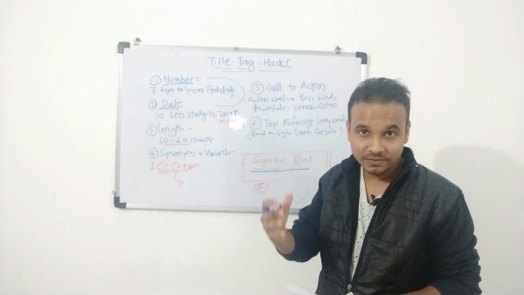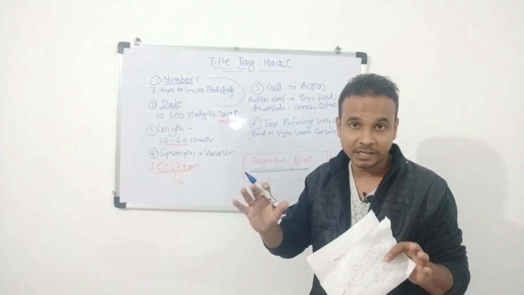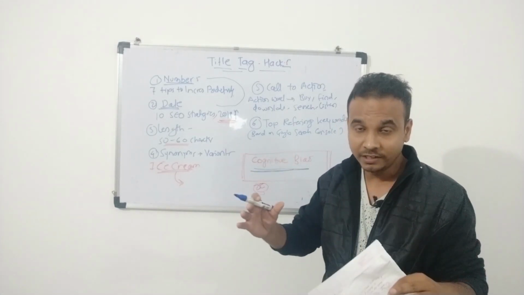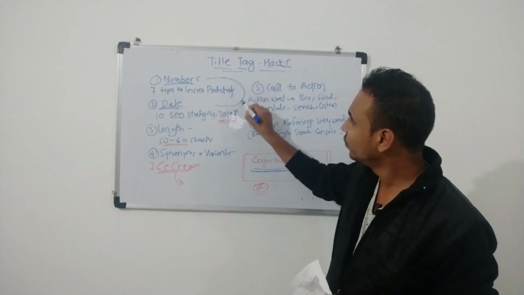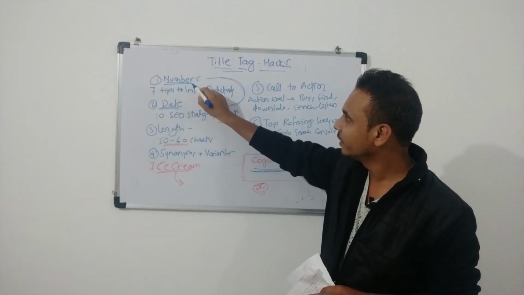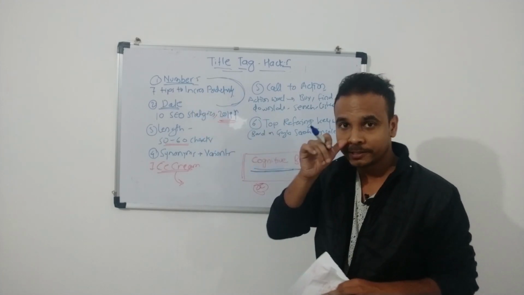Cognitive bias is an independent, different concept. I'm not going to explain everything here, but it helps us with two factors: implementing a number strategy and a date strategy.